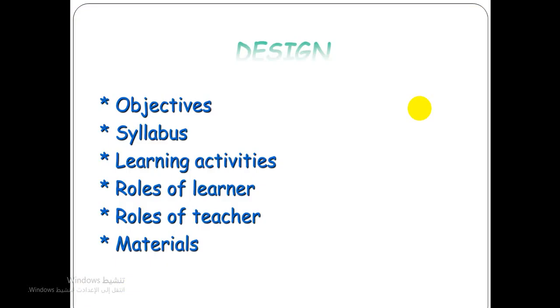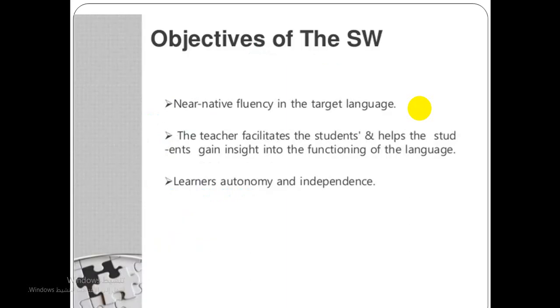The design of the teaching and learning process according to the silent way includes the objectives, the syllabus, the learning activities, the roles of the learner, the roles of the teacher, and the instructional materials. What are the objectives of the silent way? The objective of the silent way method of language teaching is for students to work as independent language learners.